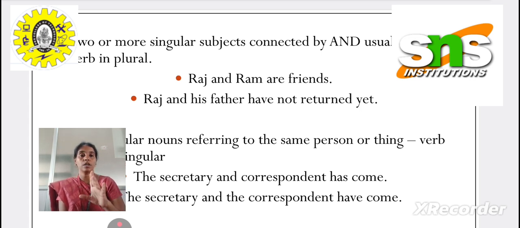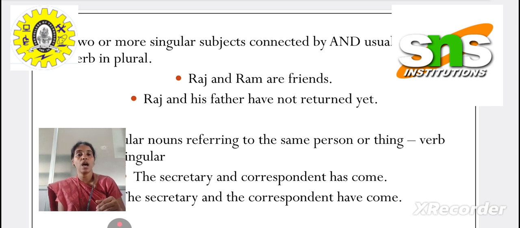Here, Ram and Raj are friends. Raj and Ram are friends. Here you have two different subjects, two individual subjects. So when you combine two or more different subjects, the addition of 1 plus 1, we are supposed to use a plural form of verb.